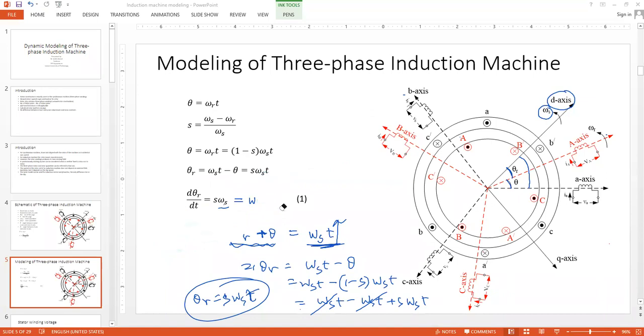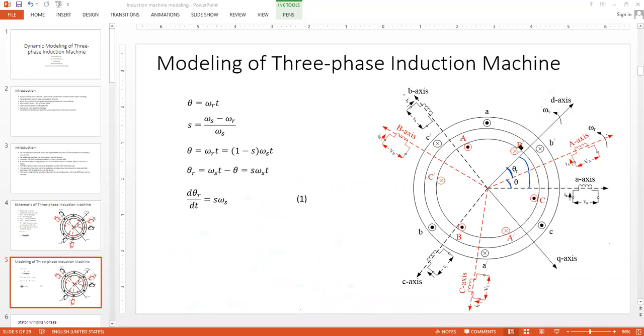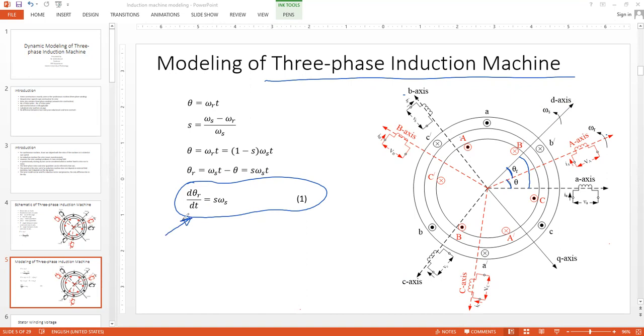So let's move on. So if this part is done, this is equation number 1. That actually forms the first set of dynamic equations for the induction machine model. For the 3-phase induction machine, this is the first dynamic equation. d theta R over dt is s omega S, and that is also equal to omega S minus omega R. So either you can model your system in terms of slip, or you can model your system in terms of omega R. If you want to keep omega R as your state variable, then you use this expression.